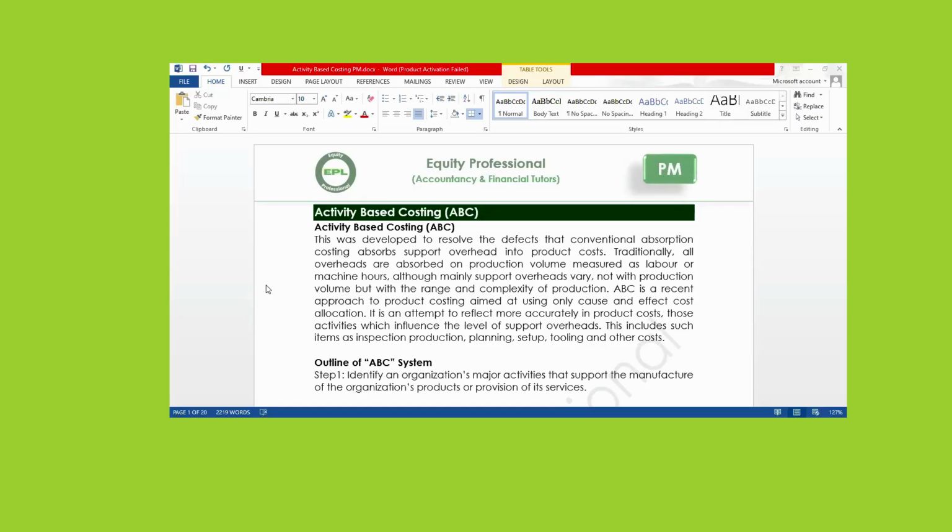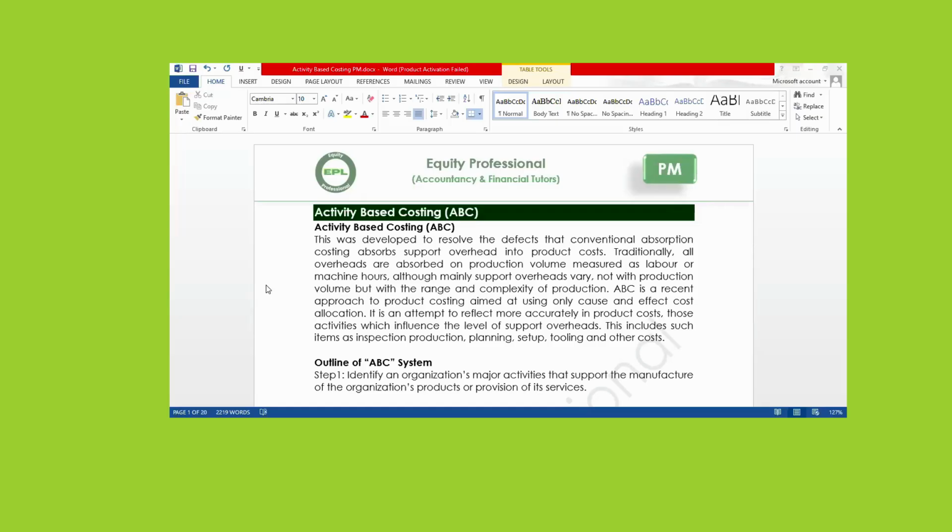Activity-based costing is an approach to product costing that aims at using only cause and effect cost allocation. That is, the activity that causes cost should be used to allocate the cost.